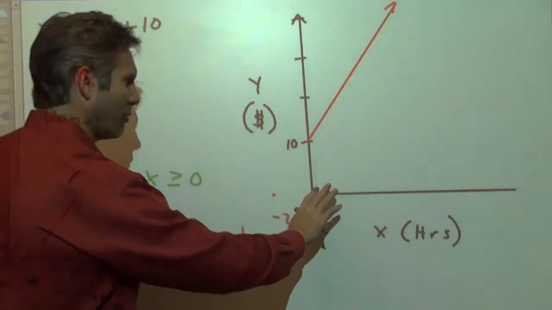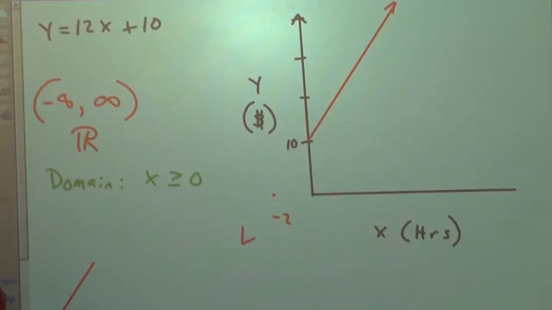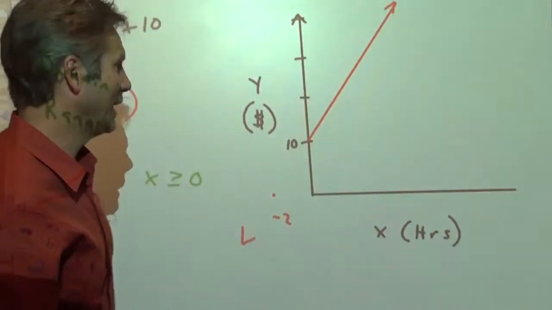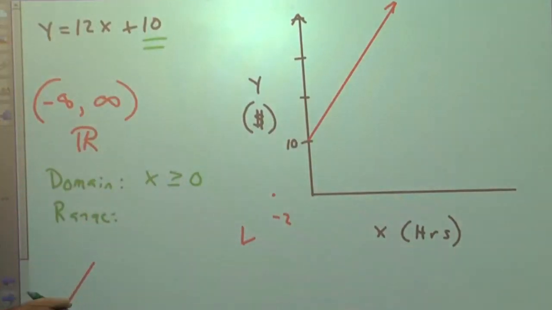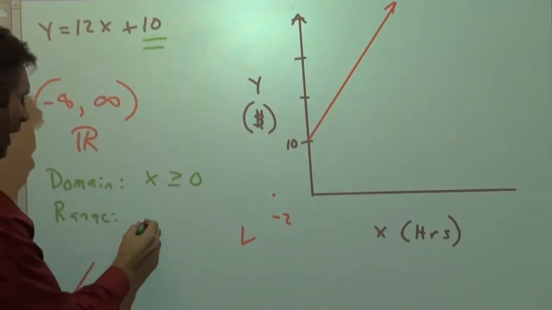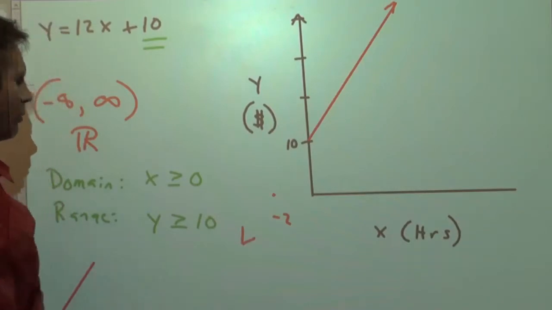And now that we've restricted the domain, we can't go left of the y-axis in the x direction, we've also restricted the range. So now the smallest value y can be on this new line is 10. The $10 a person gets paid for showing up for a shift, and then after that they make so much money. So the range would be any y value greater than or equal to 10.